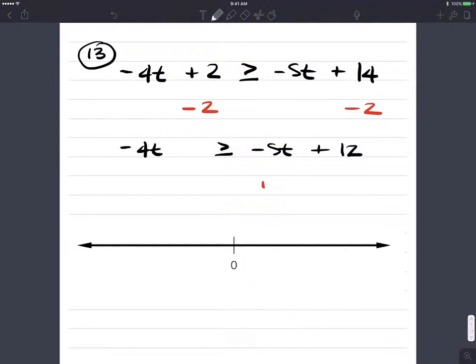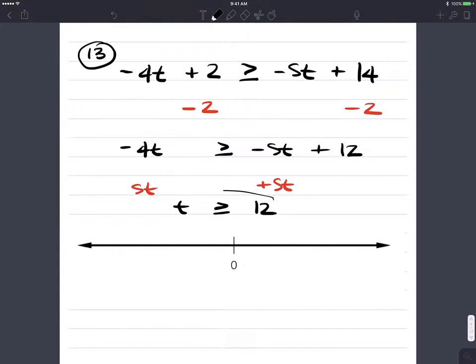We're now going to add 5t to both sides so that we end up with, on the left side, t being greater than or equal to, our negative 5t and our positive 5t will cancel. We have t is greater than or equal to 12.